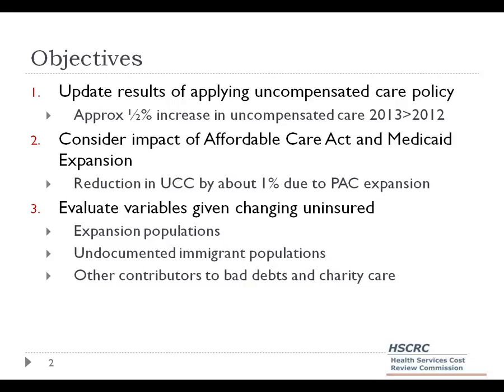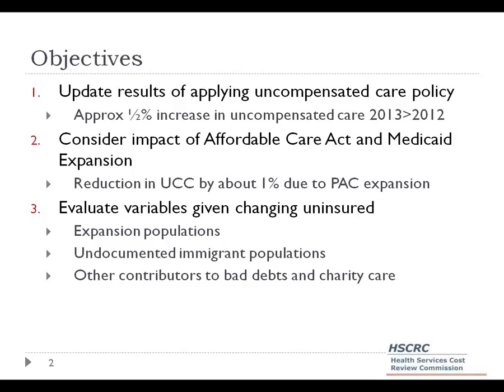Every year we update the uncompensated care adjustment, and the uncompensated care is a pool approach where all hospitals receive the same amount of revenue in rates for uncompensated care, and then there is either funding into a pool or withdrawal from a pool based on the amount of uncompensated care that is calculated for each hospital in the state.